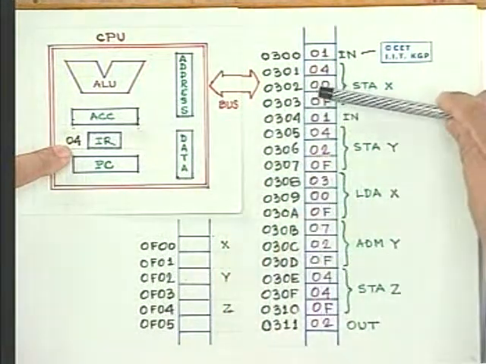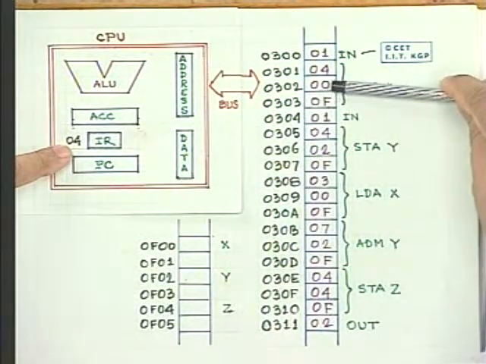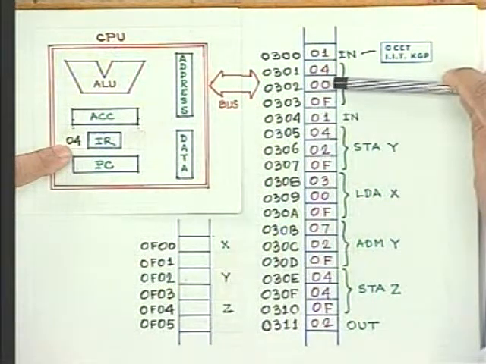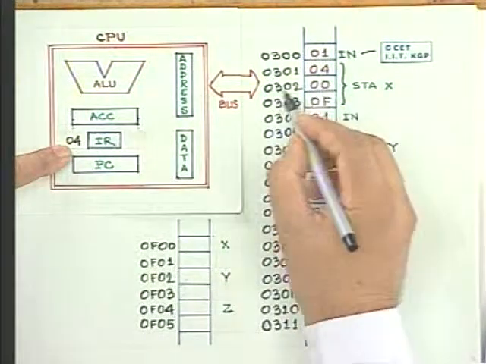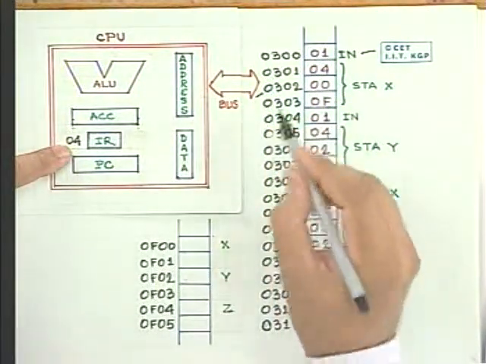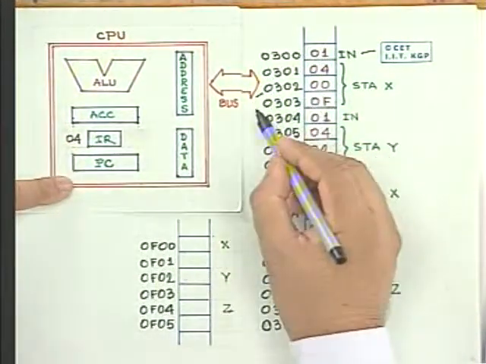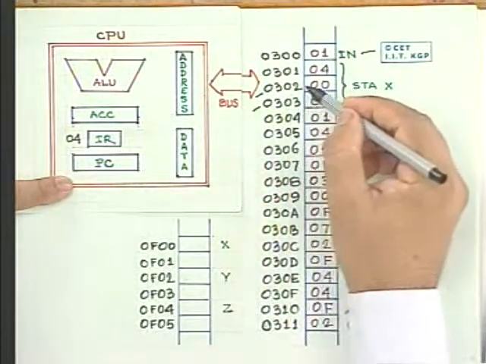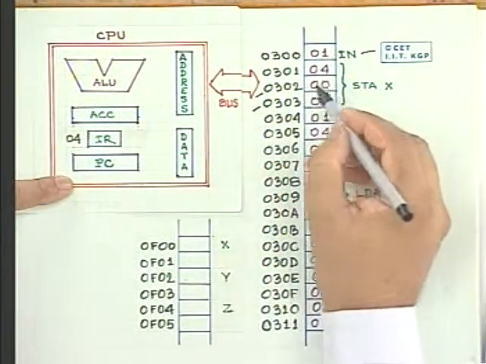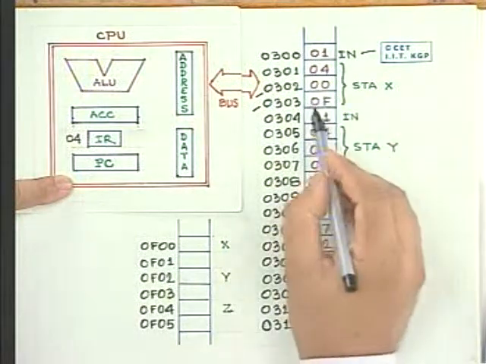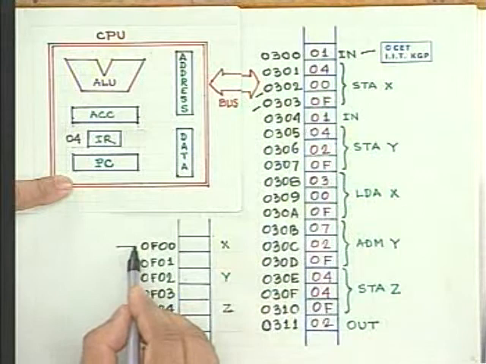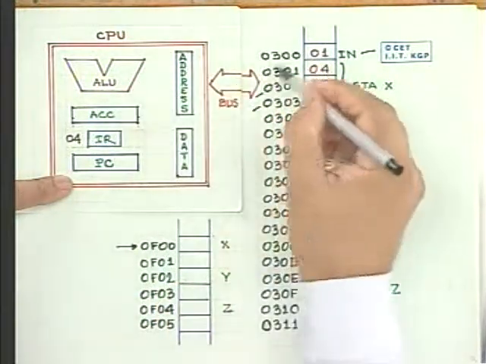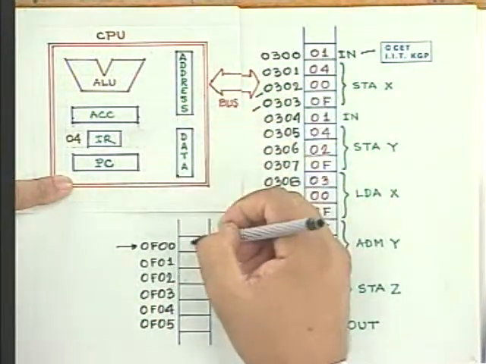The address is obtained from the memory location pointed to now by the program counter, which is now say 0302 and 0303. The content of these two memory locations will be taken together. 0F00 will be the address, and in this address whatever was inputted into that accumulator will be stored.